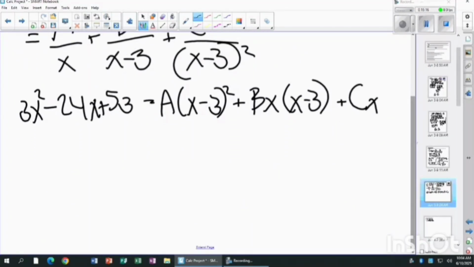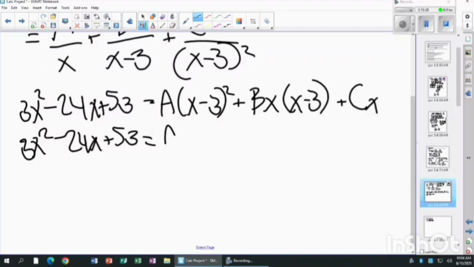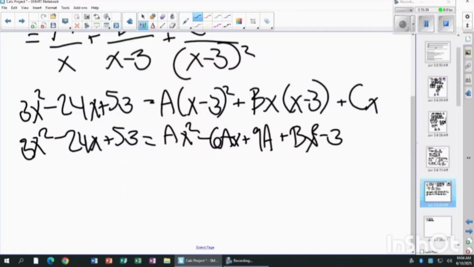Okay. 3x squared minus 24x plus 53 equals ax squared minus 6ax plus 9a plus bx squared minus 3bx plus cx.